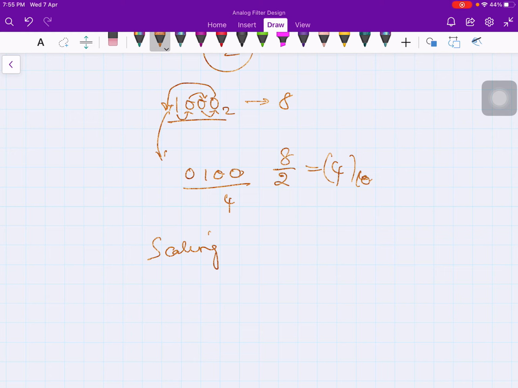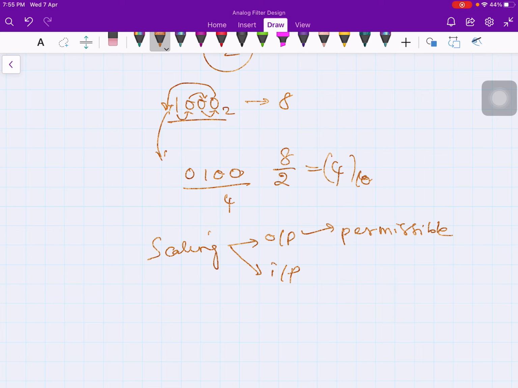You can do the scaling at the output, that is permissible, that is allowed. But at the input, if you do the scaling, what is going to happen?